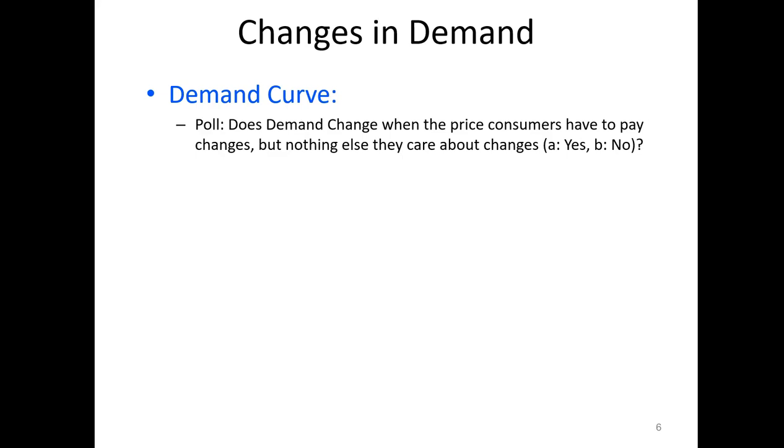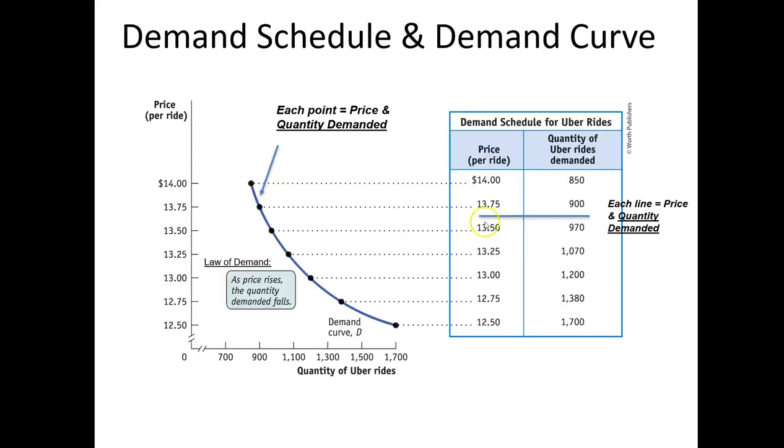So when the price of Uber rides goes from $13.75, where people wanted to buy 900, up to $14, and people only want to buy 850 Uber rides per day, that's not a change in demand because of how we've defined demand. It includes that possibility that the price changes.